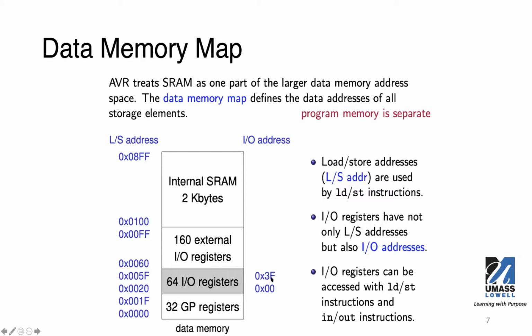If you use 3F as part of your I/O instruction, using in or out to access these addresses, let's say 3F is the address you access, that's the same as using 5F with a load store instruction. And when you use 5F, those are treated as memory addresses. So they are going to be mapped to this location. And that's the same as 3F when you use the I/O address.